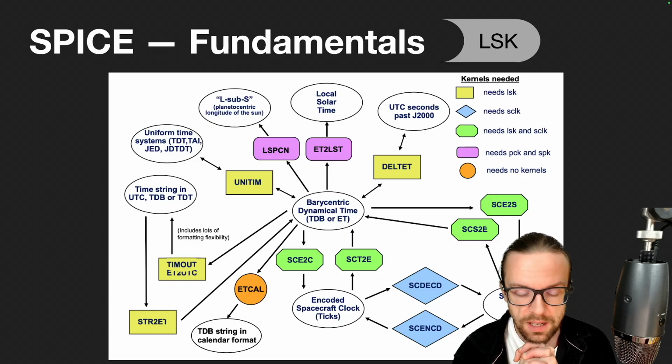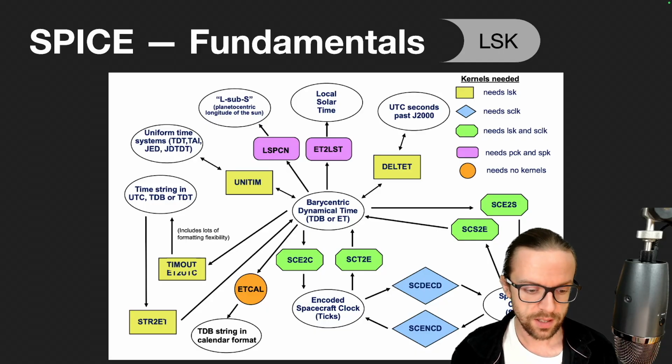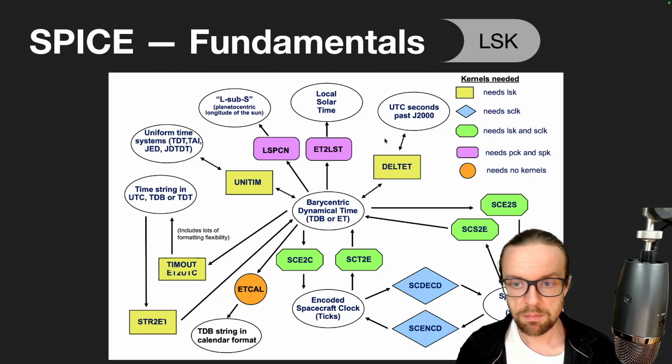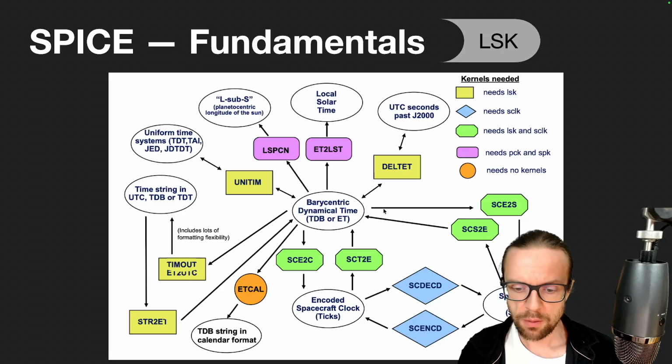It is just having different colors to show you how this TDB is related to all the different time conversions and how. For example, what kind of function needs a leap second kernel or a spacecraft kernel or both, or what does not need a kernel at all. And as you can see, most things, they need a kernel. The thing is that we will also use kernels.